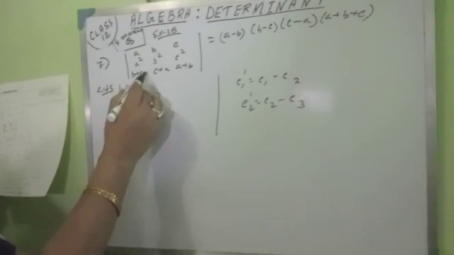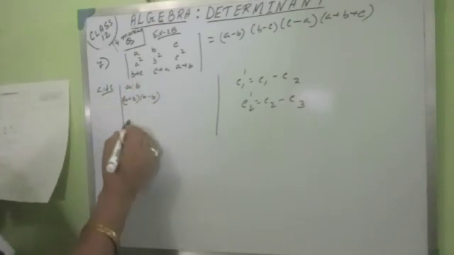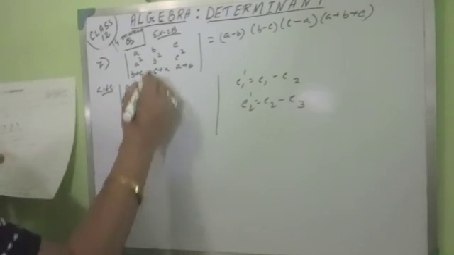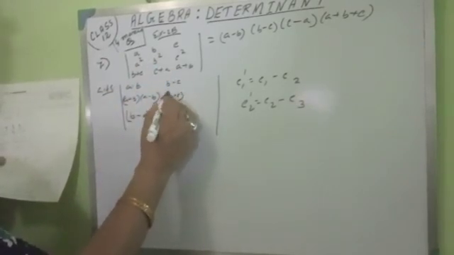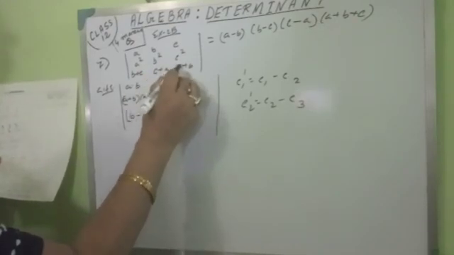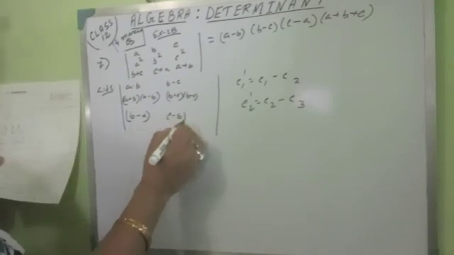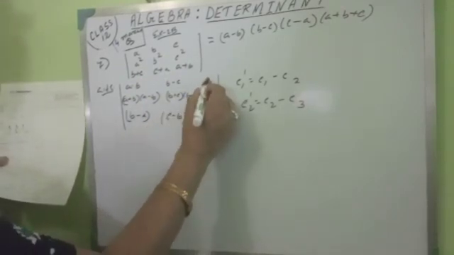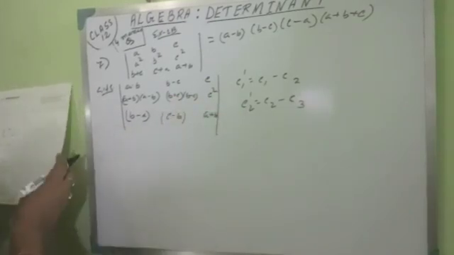And it's coming B plus C minus C plus A, so B plus C minus C cancel, it will be only B minus A. And here also same, it is coming B minus C, it will be B plus C into B minus C, and C plus A minus A cancel, it will be only C minus B. And the third column will remain the same: C, C square, A plus B.